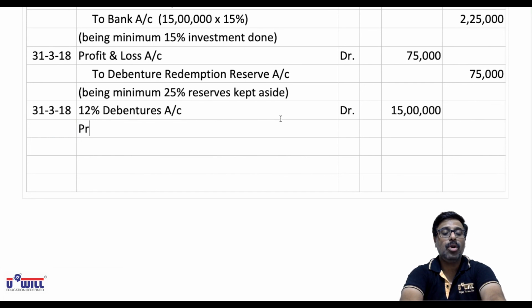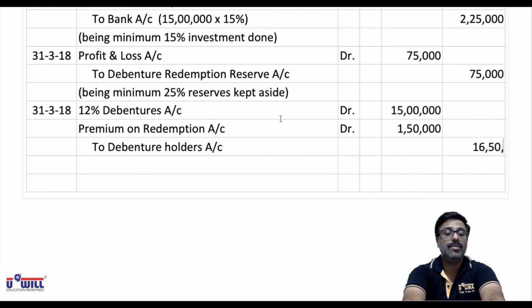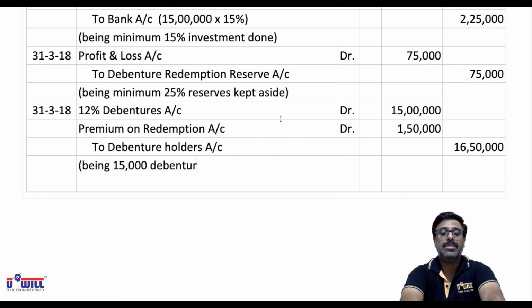To debenture holders account, what we have to pay them is 16,50,000. So this is the entry of redemption, being 15,000 debentures redeemed at 10% premium.